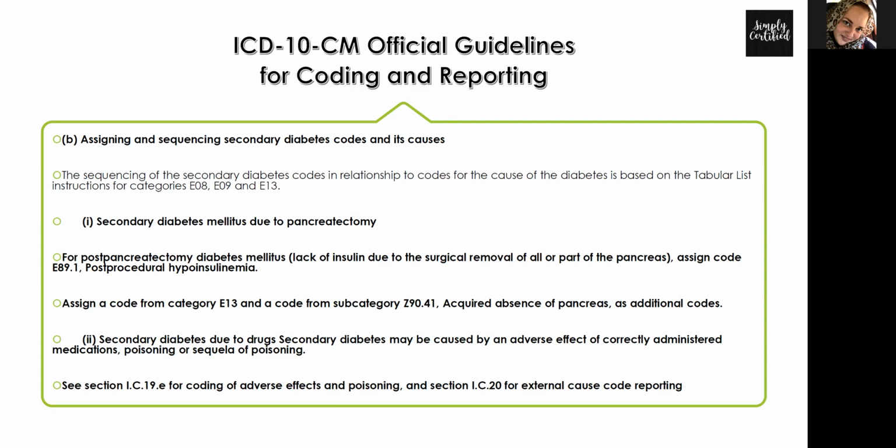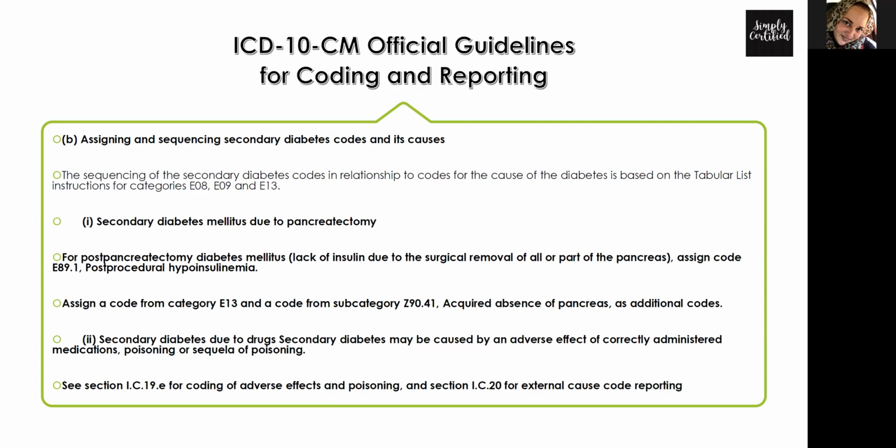That can happen. So the guidelines tell us to see section I.C.19.E on how to code the adverse effects and poisoning, and section I.C.20 for instructions on how to report the external cause codes.